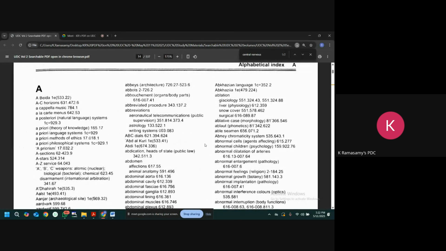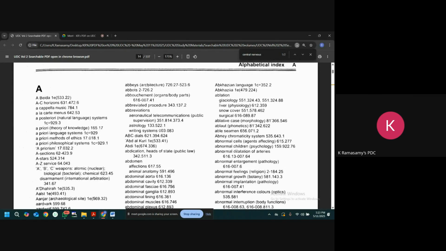You can see almost all the terms start with small letters, unlike CC and DDC. Except for proper nouns or names of countries, places, and persons, which start with capitals, something like Uzbekistan language.